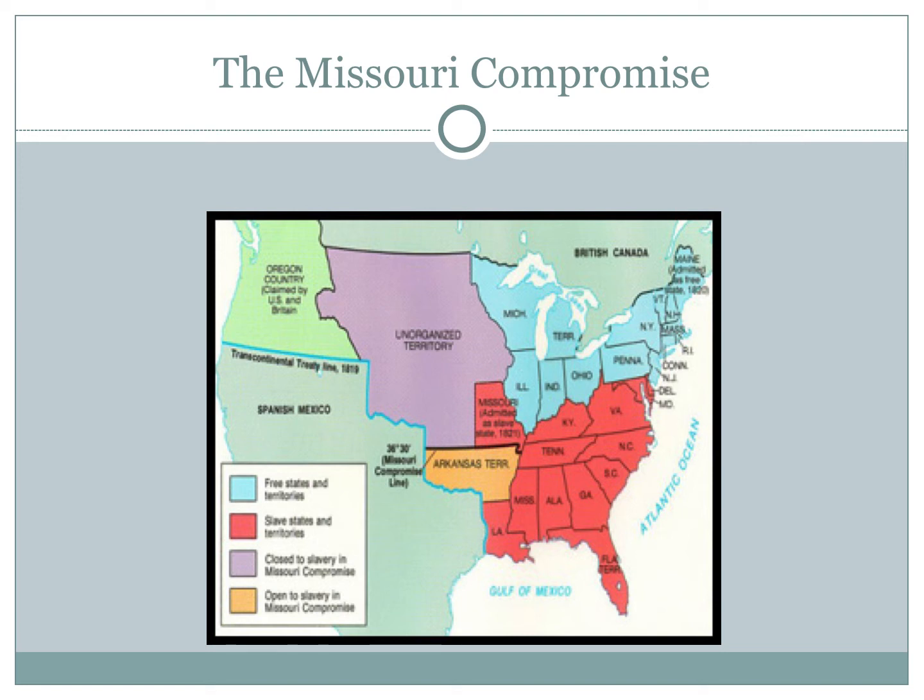Any states coming out of that would not be allowed to have slavery. The orange Arkansas Territory would be the part of the Louisiana Purchase that would be open to slavery. Again, that was designed to solve the problem.